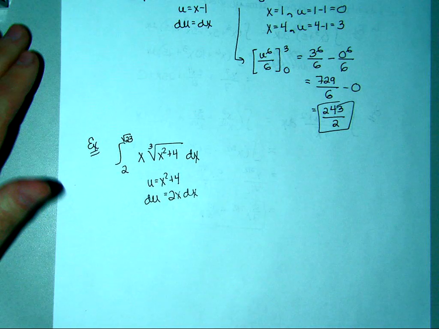I want 2x dx. I just have an x dx. Absolutely. Stick a 2 inside, stick a 1/2 on the outside. This is now 1/2 times the integral, I'll deal with the limits in a moment, of the cube root of u du.